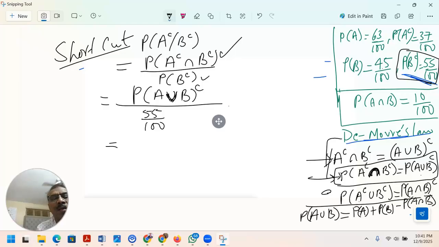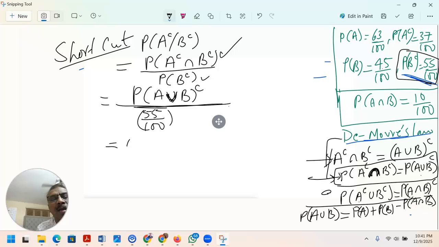Okay. So that means this piece, I can use keep, change, flip, and write this as 100 divided by 55.